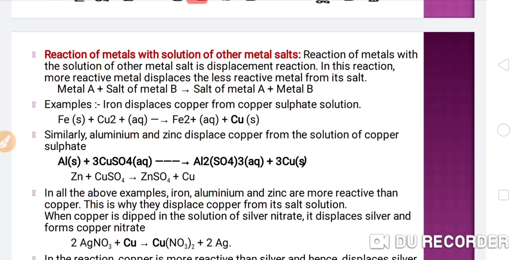It will convert into Fe2+ and copper will deposit. So this is the explanation for this reaction.